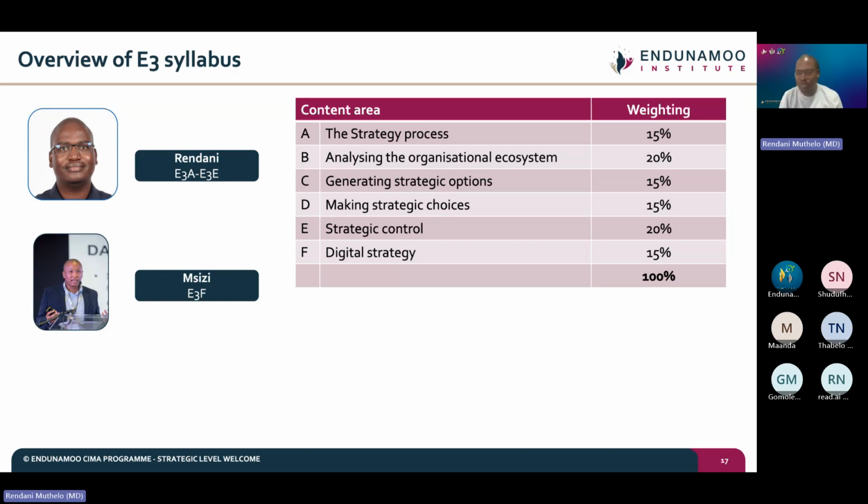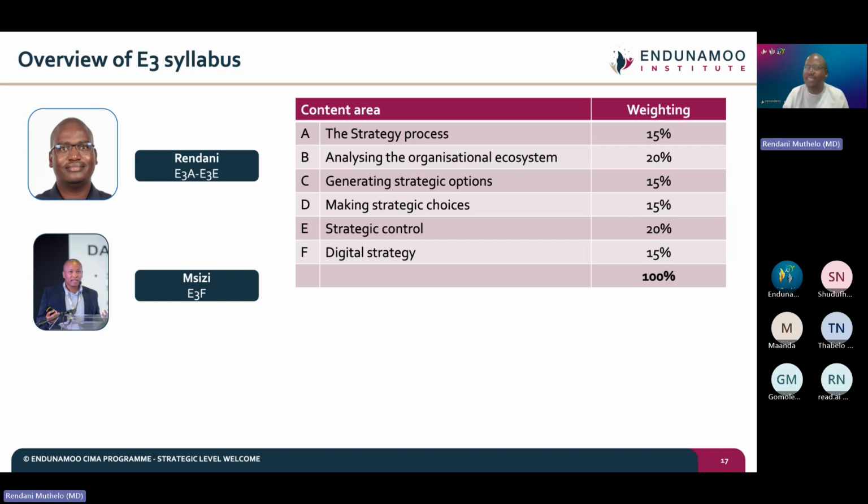So they're saying about this syllabus, section A accounts for about 15% of the syllabus. And then the biggest chunk, you'll see that it's all about analyzing the organizational ecosystem as well as strategic control. So those are some of your biggest elements.